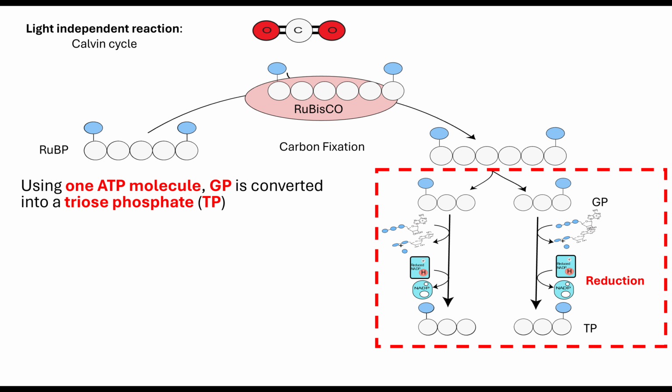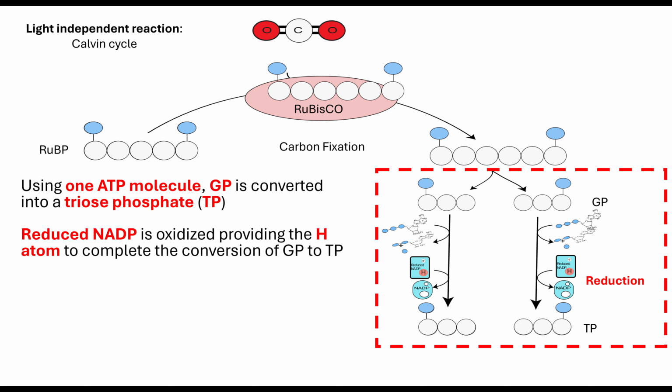We then use 1 ATP molecule per GP molecule to convert it into the triose phosphate, but it also needs to be reduced. So the reduced NADP needs to be oxidized. So it's important that you understand, for one substance to be reduced, the other has to be oxidized.